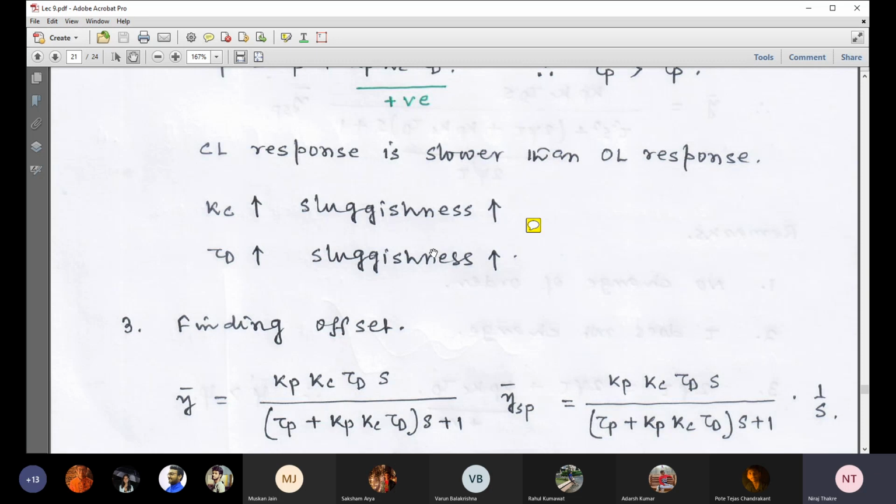So can you tell me what is the value for offset for this case?